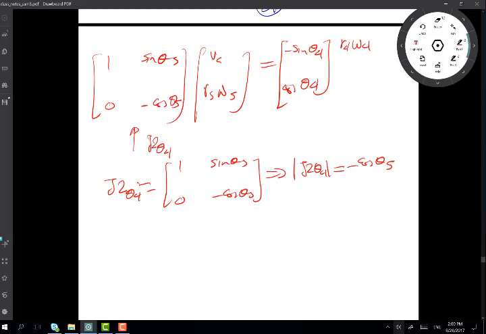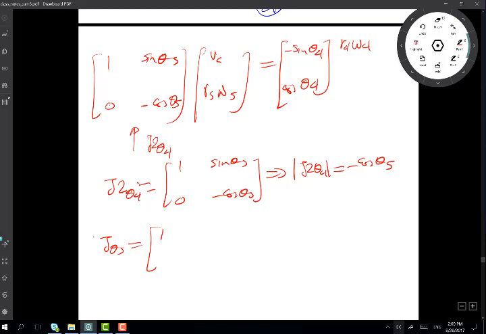And then I can find the other Jacobians. So I have J theta 5, for example. I can swap the second column by the column on the right hand side.